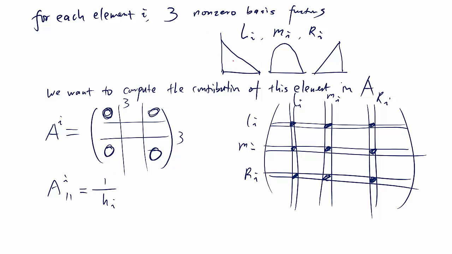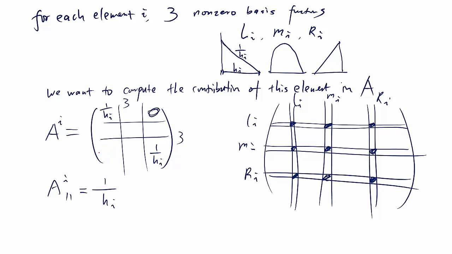This is because the derivative of this function is 1 over h_i, where h_i is the width of this interval, and we are squaring the derivative and integrating over a length of h_i. Basically, we have the square of 1 over h_i times h_i, so this is 1 over h_i. So we fill it in over here as 1 over h_i, and this is also 1 over h_i.